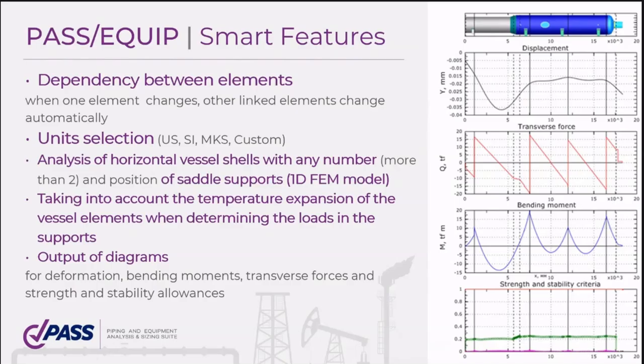And you can have some non-standard things like a horizontal vessel on more than two saddle supports, for example, like this one. And here we use a 1D beam model with beams of changing cross-section properties, and we can calculate all forces and moments and put them into diagrams.